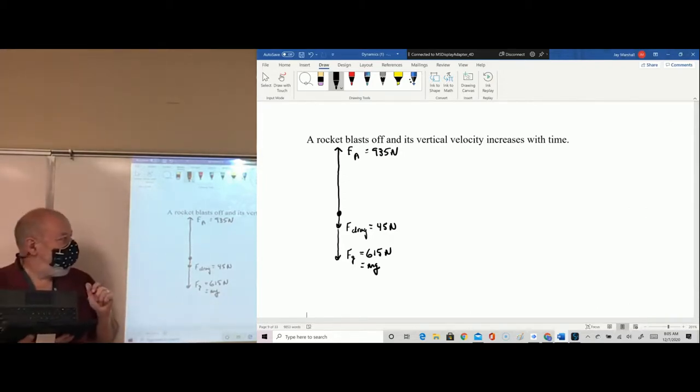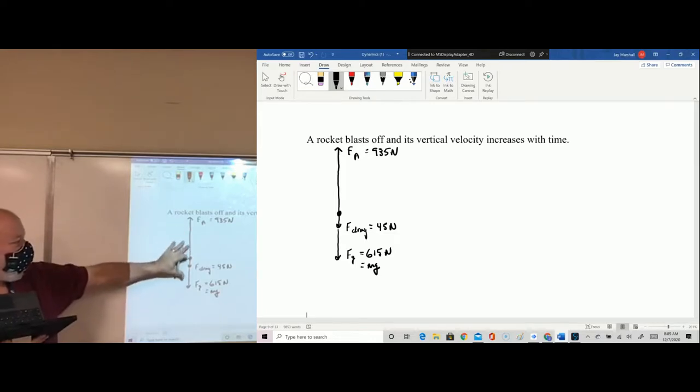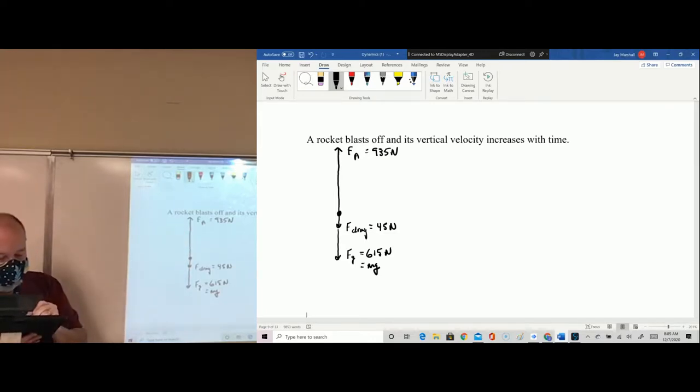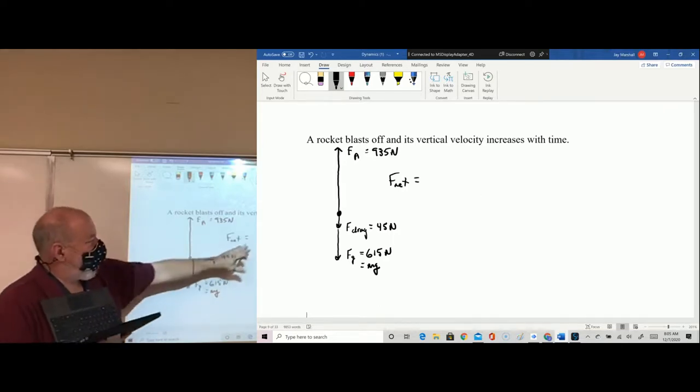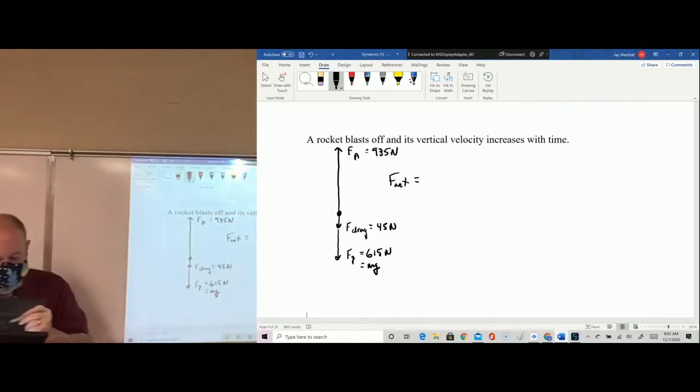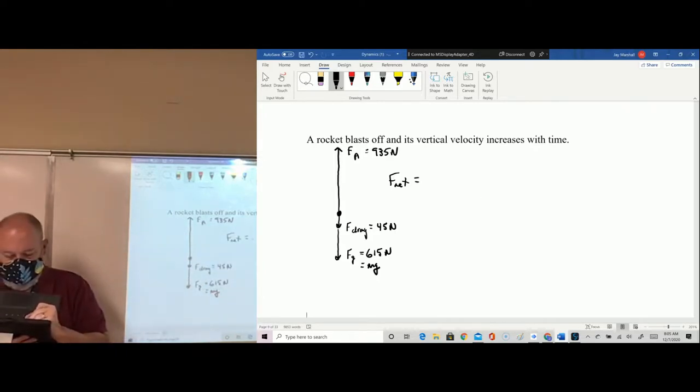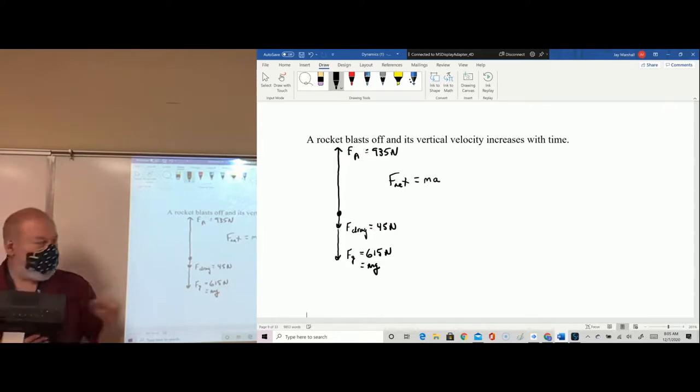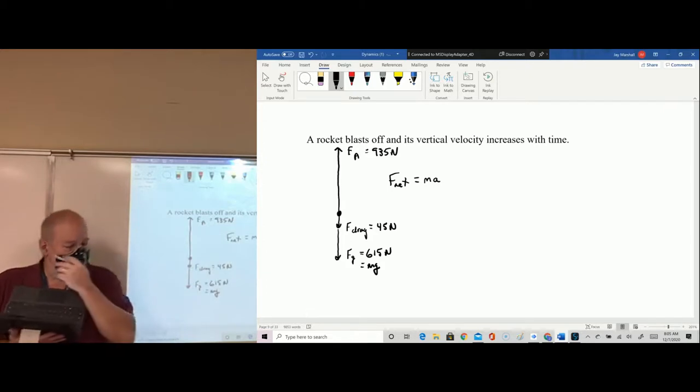Okay, so in this scenario then, I'm accelerating, so if I write out my net force equation, I don't have any choice. The next thing I put down has to be ma or 0. Since I'm accelerating, it's got to be ma, right?